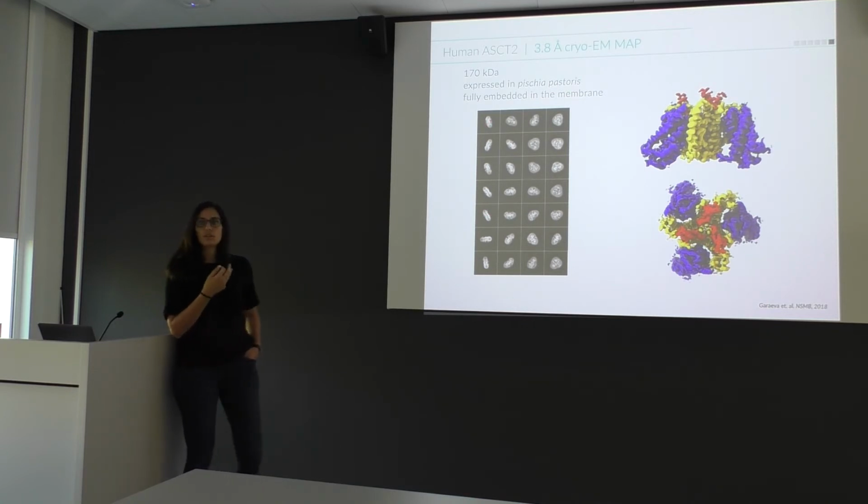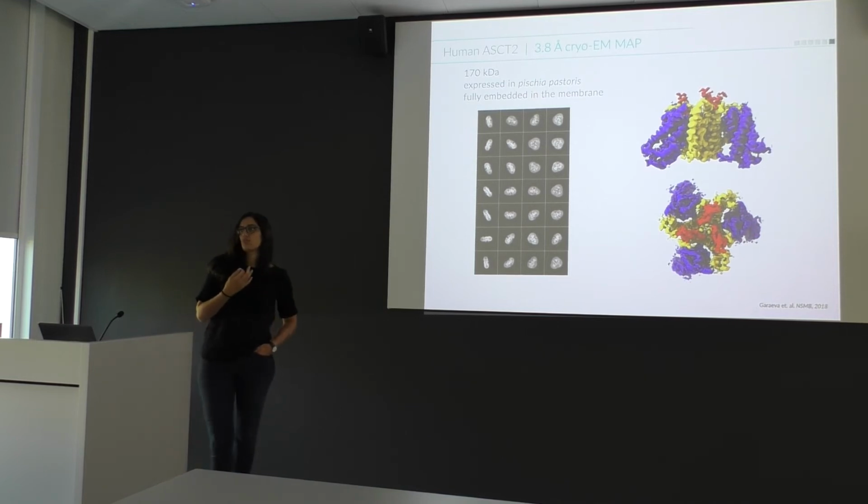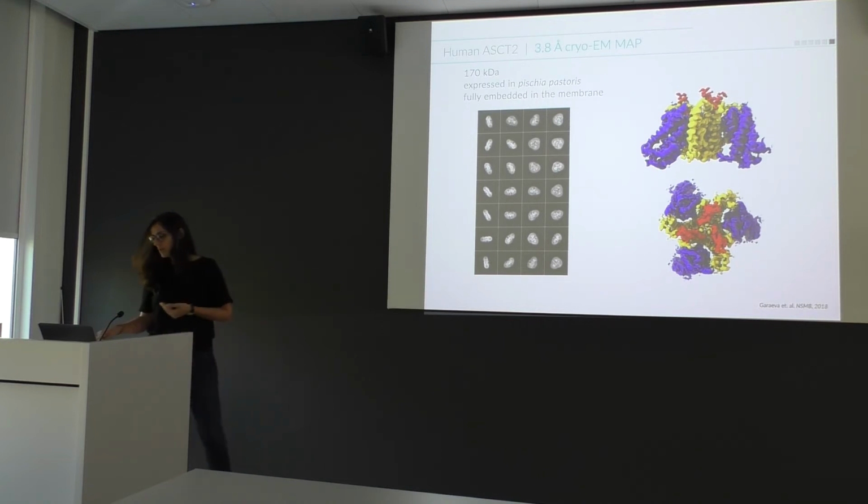Everyone who does single particle knows that this can really be a problem during image processing. This is in detergent, so it's not a nanodisc. Nanodiscs might actually become a problem. But we were really happy to see that we are not hampered by that limitation.